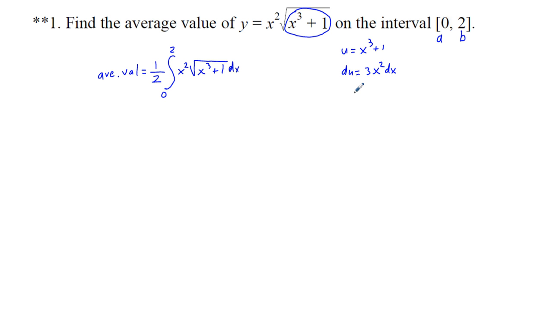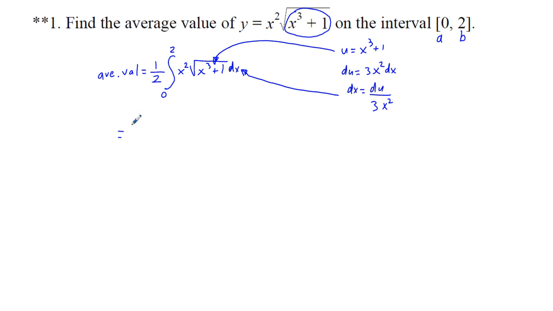Dividing by 3x squared, dx is going to be equal to du over 3x squared. And so we're going to make our substitutions here for u, for this guy right here, and substitute dx and take it below.